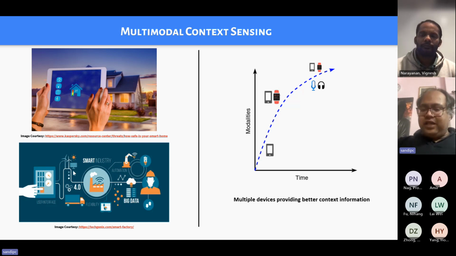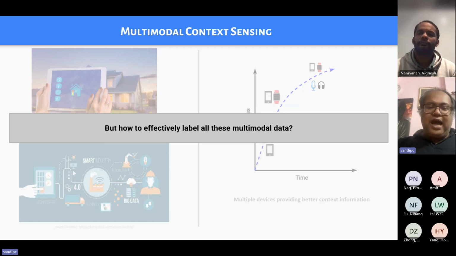We started thinking about this, and it came from our experience working in this area of pervasive sensing. While doing the annotation, we found that this kind of annotation has several challenges. One interesting problem that comes up is how we can effectively label all this kind of multimodal data.